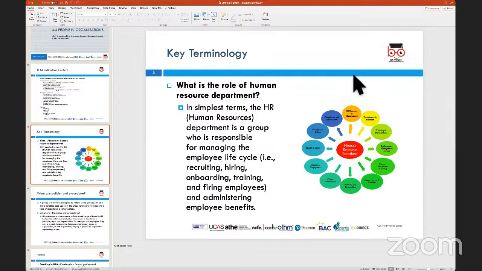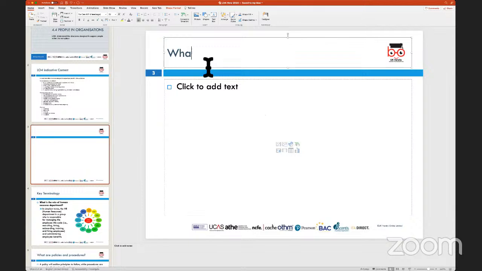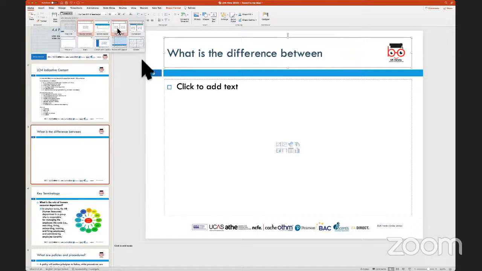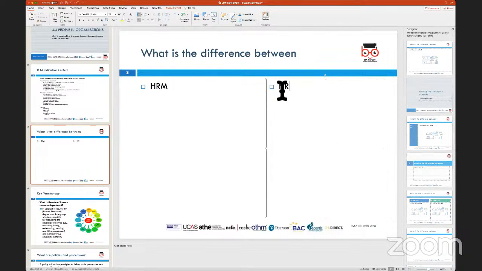So when we look at the aspect of HRM and HRD, there is a very subtle difference. Let's look at this as an example, HRM and HRD.